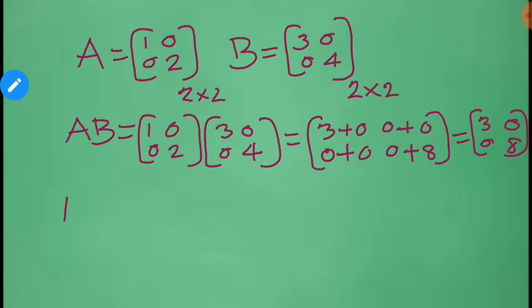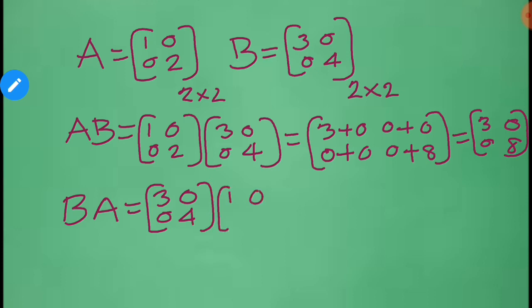Now we can find BA. BA equal to matrix 3 0 0 4 into 1 0 0 2. Multiply the first row with the first column, 3 into 1 is 3, 0 into 0 is 0, 3 plus 0. Then first row with the second column, 3 into 0 is 0, plus 0 into 2, again 0.